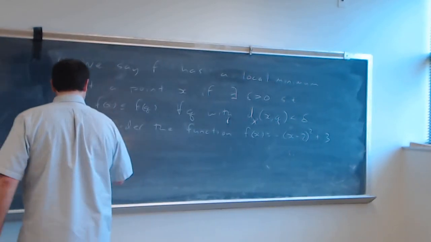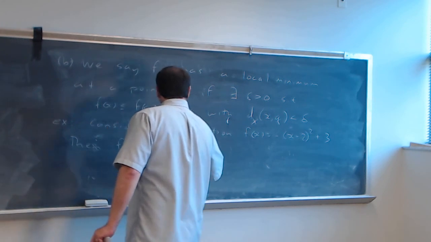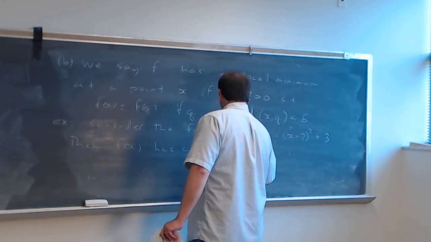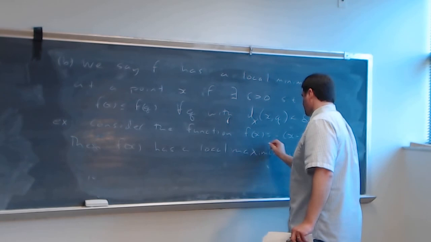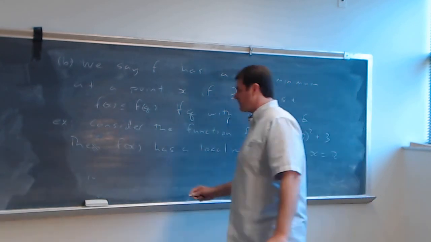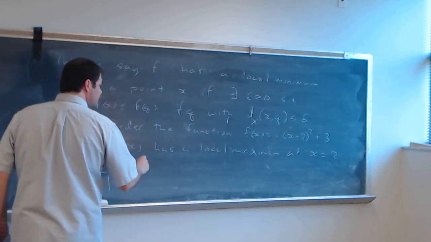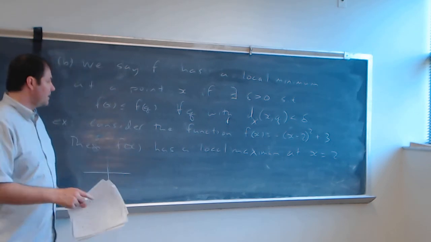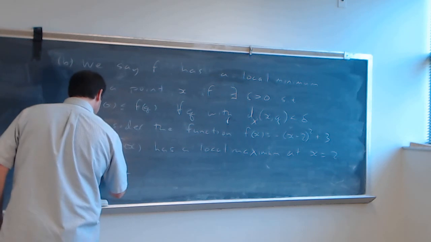Then f of x has a local maximum at x equal to 2. And this can be seen graphically. If we draw this function, this is a parabola that is going down, and its vertex is going to be (2, 3).